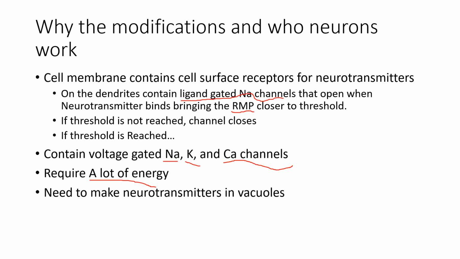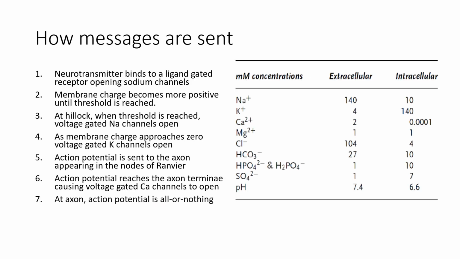You also need to make neurotransmitters in vacuoles, and most of these neurotransmitters are made by modifying an amino acid. Usually it's tyrosine. And so you make these in vacuoles, so you need to actually make a lot of vacuoles, and that's why you have a lot of these modifications. You'll notice I keep on repeating certain things over again.